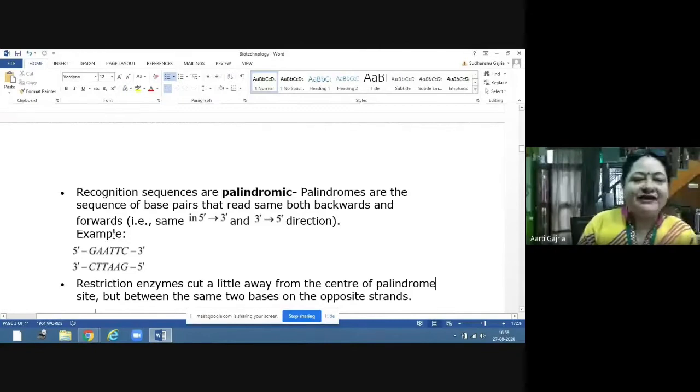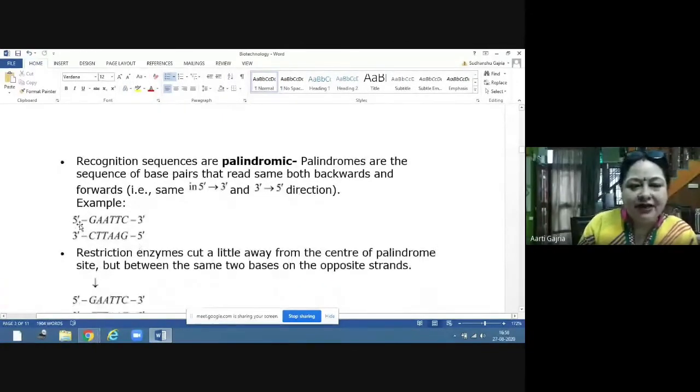Now see this example. This is 5 prime, 3 prime: GAATTC. This is 3 prime, 5 prime: CTTAAG. Now read this forward, GAATTC. Read this backward, GAATTC. Both are the same.